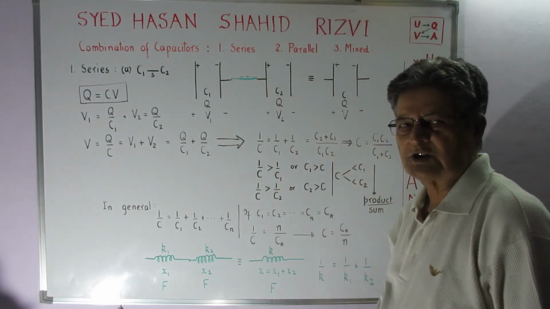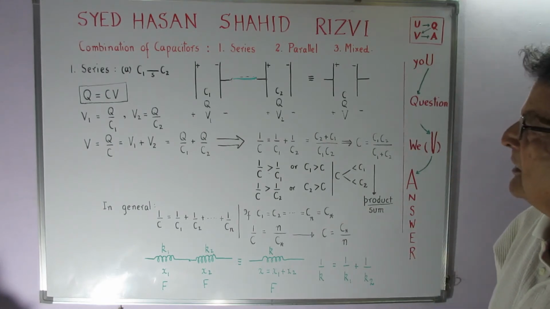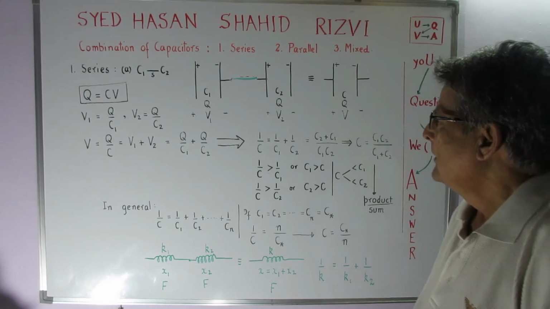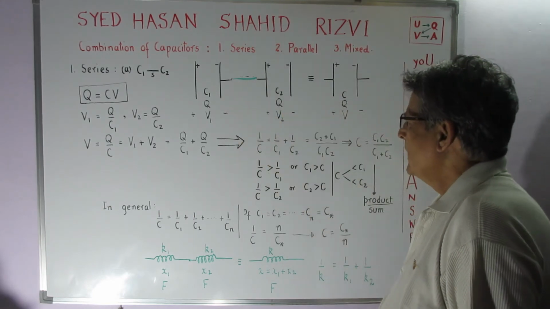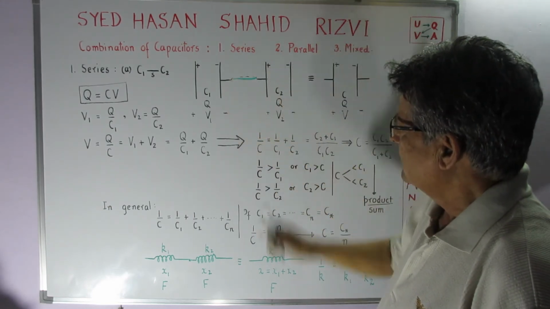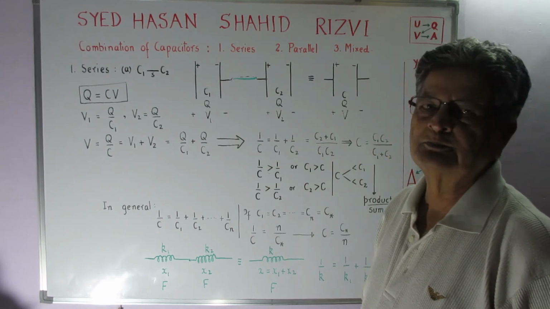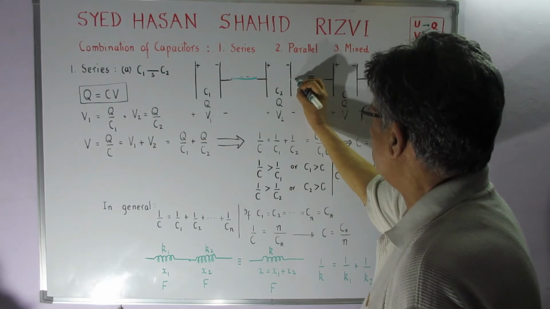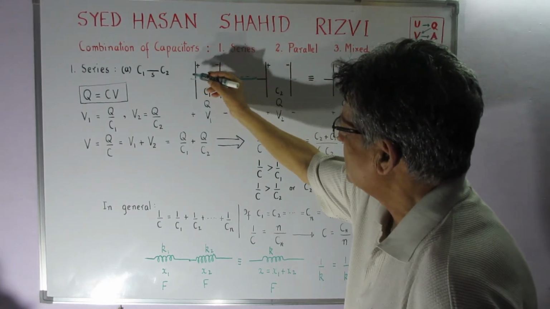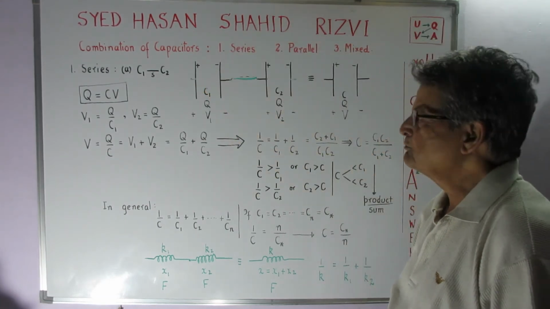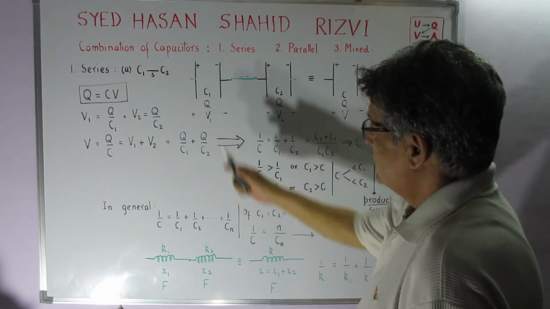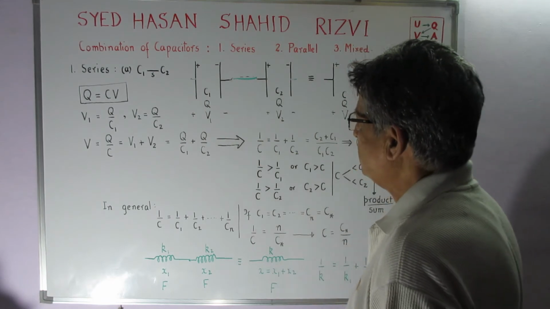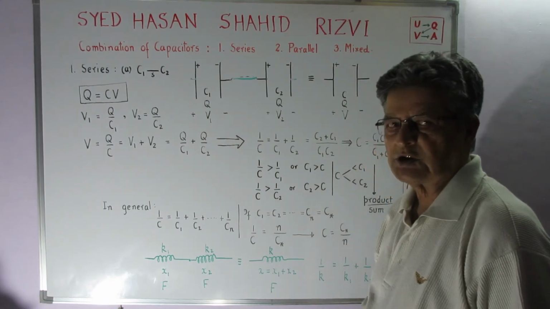I gave it just to give you an idea, because when the plates are there, then this is a connecting metallic thing. Always here also and here also the metal is there, and from here to this whole body of the plate, everywhere the potential is the same.